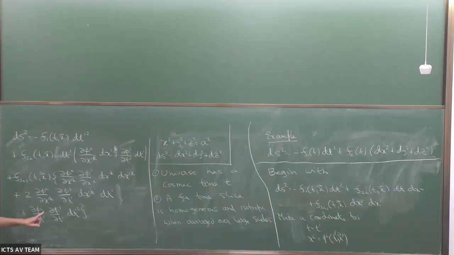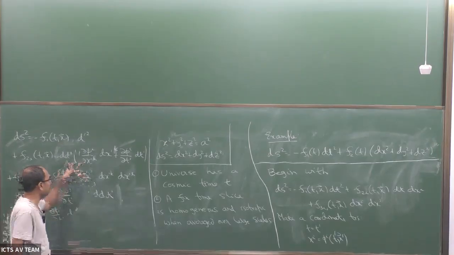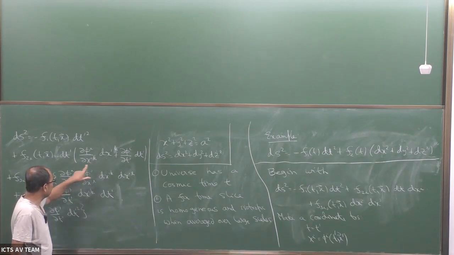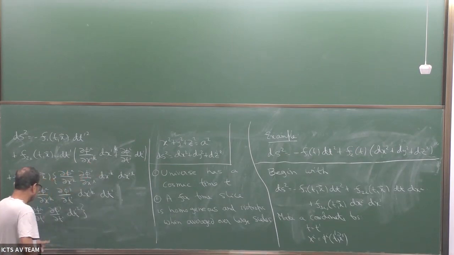So our goal is to get rid of the dt prime dx k prime term. So let's see where we get this. This is one term and this is another term.